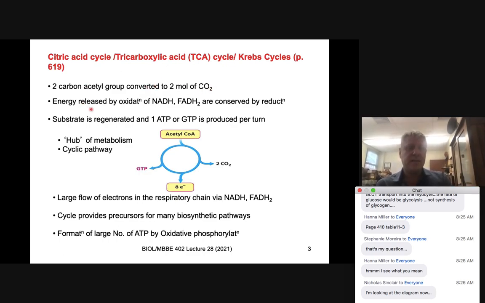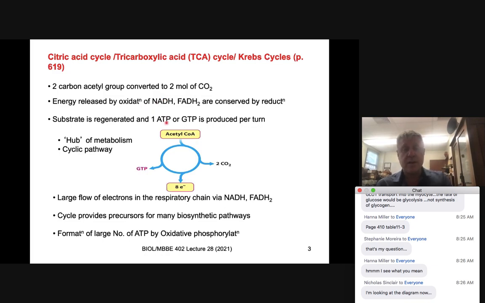The energy released by this oxidation of the acetyl-CoA is in the form of NADH and FADH2, and these are conserved by a reduction reaction. And it's these guys that are now going to be the real important constituents in regards to moving these and using these electron carriers to feed a particular system called the oxidative phosphorylation system.